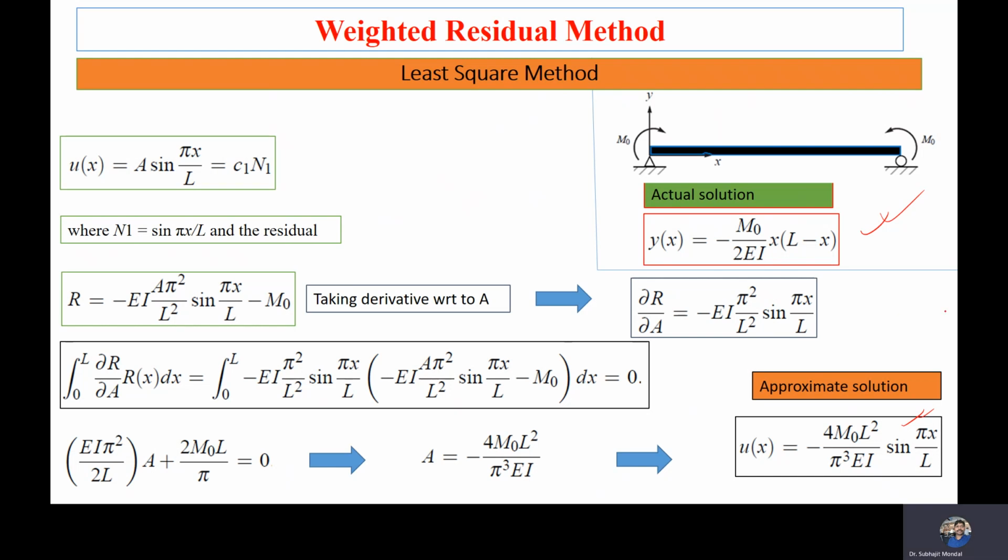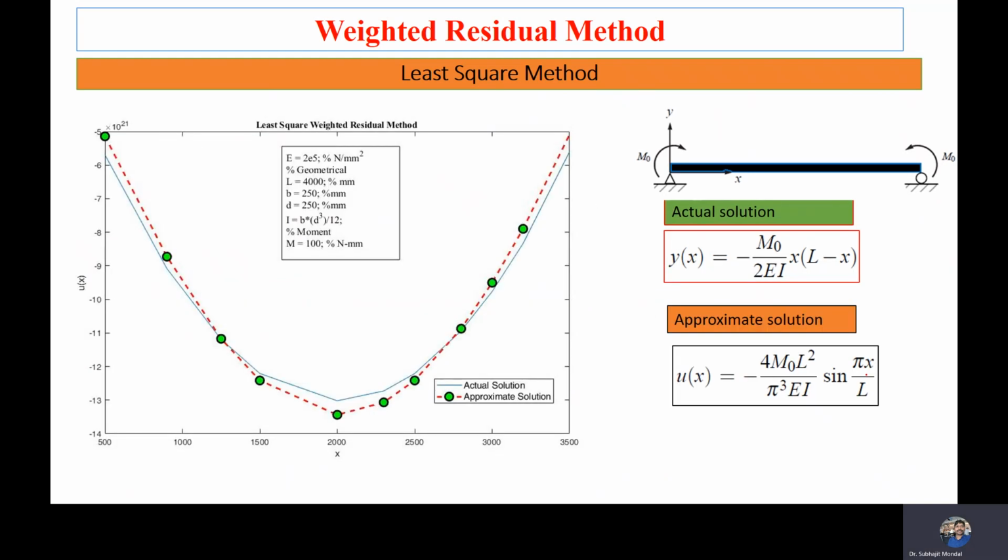If you want to see how much error there is, you have to plot the data of y and of u. If you plot it, we get a graph like this, where this line is your actual solution and the red line is your approximate solution. Our actual solution is in terms of x(L minus x), but our approximate solution we assumed as sin(πx/L), a trigonometric function.